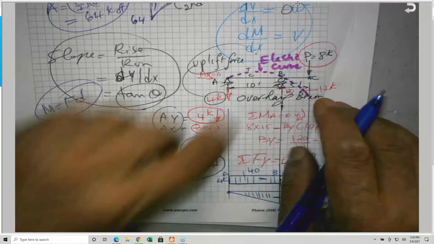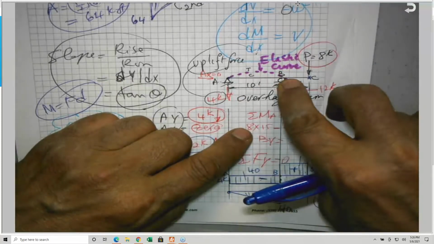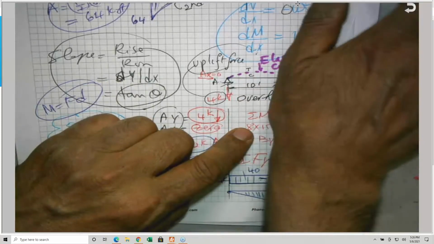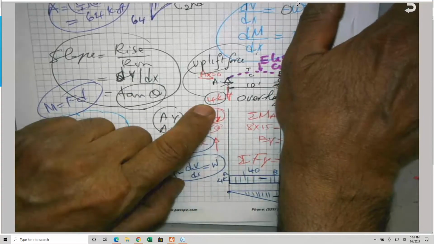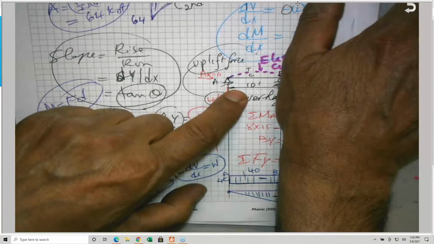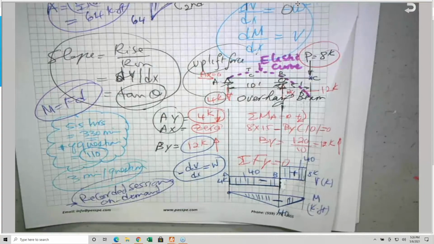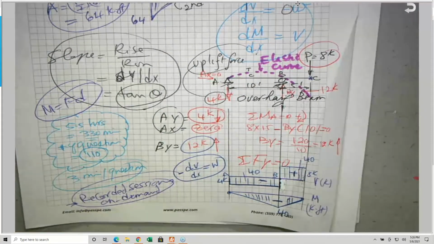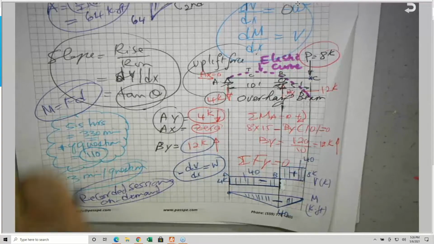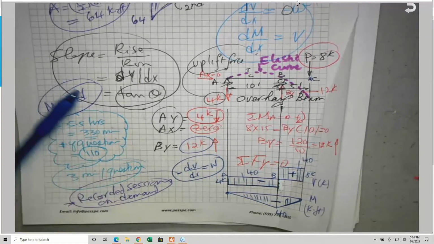Because if you look at the bending moment at B, instead of right, I will use my left side. This is 4. 4 times 10 is still 40. So from either end, because the moment at any point along the beam can be calculated either from right or from left, you should get the same answer. If you didn't get the same answer, that means something went wrong.